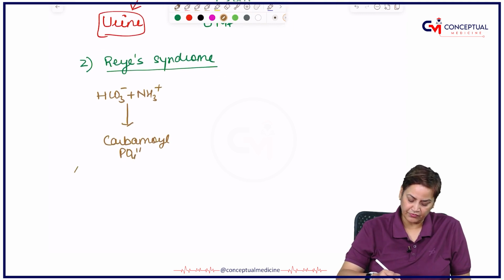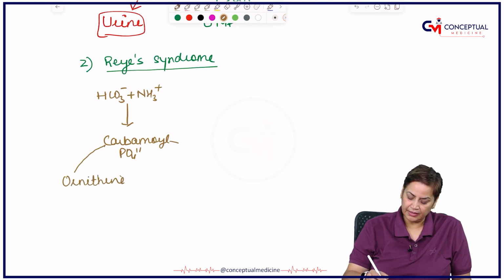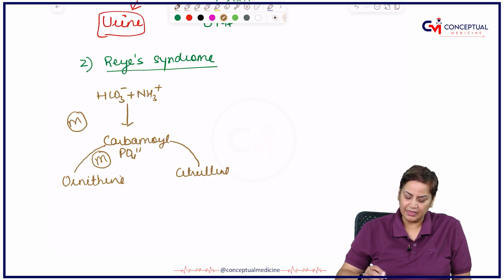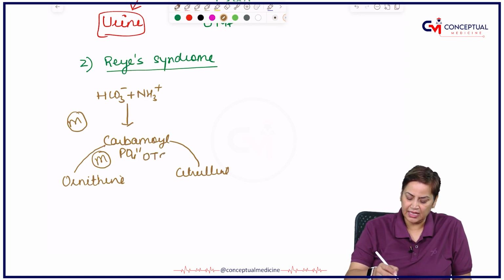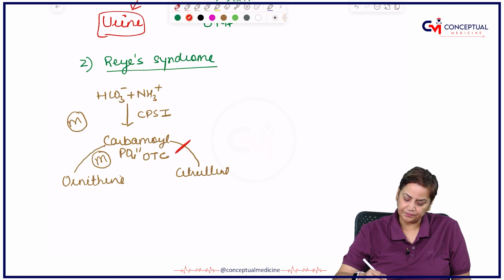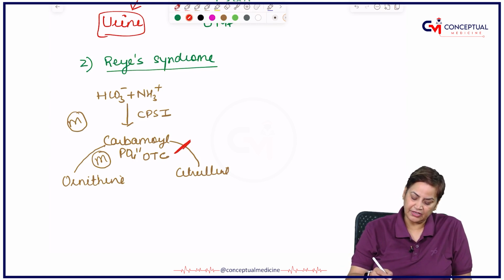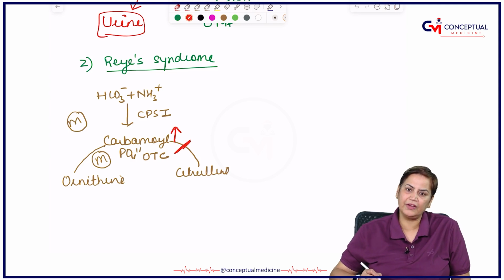This carbamoyl phosphate combines with ornithine, forming citrulline. These reactions are taking place in the mitochondria. Here the enzyme is OTC and here the enzyme is CPS1. So if OTC is deficient, there will be increased concentration of carbamoyl phosphate.